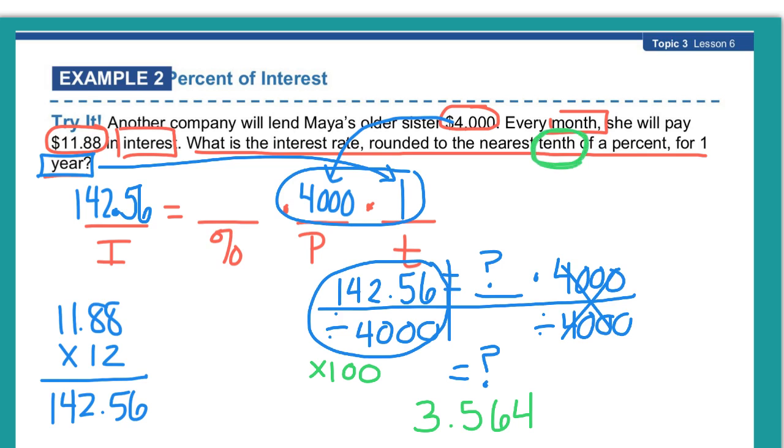We have to round to the nearest 1/10 of a percent, so we're going to cut it with only one decimal place. 3.5 or 3.6, those are my two options, and this is actually going to round to 3.6%. So the calculations aren't very hard because you get to use a calculator. But you have to think carefully about all the bits and pieces to make it all fit together.